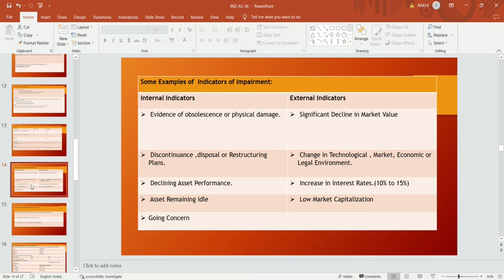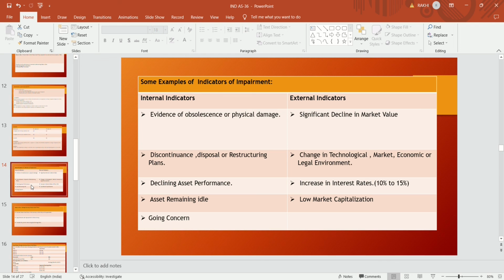Declining asset performance. Suppose at the time of purchase the asset is performing very well, but after 2, 3, 5 years the performance of the asset declines. The production is reducing due to the performance of the asset, so it indicates that the asset is going to be impaired. These are the internal indicators. Another is if the asset remains idle for a long period. Suppose the company purchased an asset during COVID, and for 2 years the asset is not used.